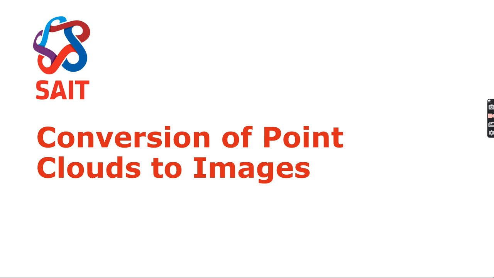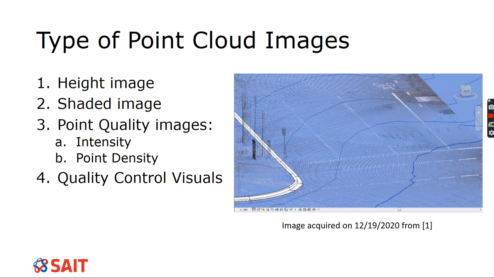A lot of what we're going to be working with in this class is converting the point clouds to rasters. The reason we're doing that is because rasters allow for more flexibility in analysis of data, and we can include a lot more than merely keeping it as a vector-based drawing, which is really what would come out of a point cloud. So we're going to convert our point clouds to rasters.